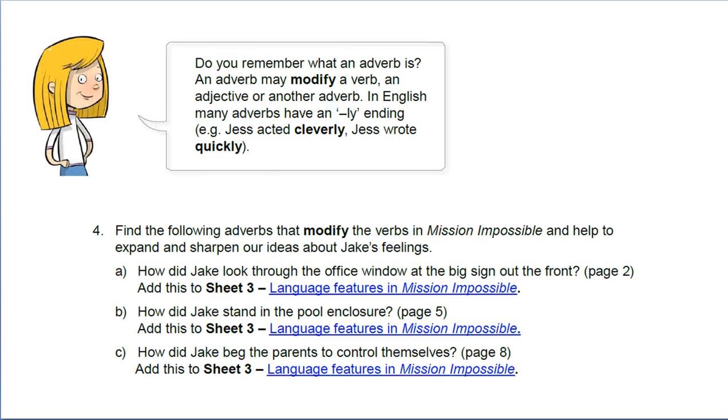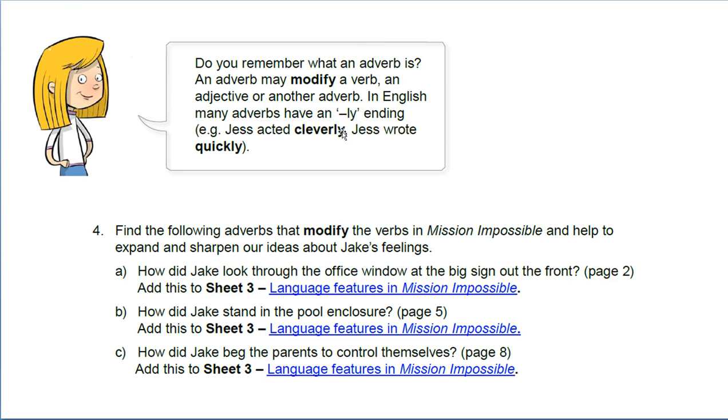So can you remember what an adverb is? An adverb modifies the verb in some way. It pretty much tells you, most of the time, how an action is done. A lot of the time, they end in ly. Say, for example, if you ran quickly, or Jess acted cleverly.